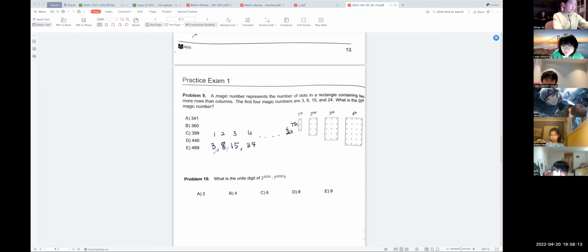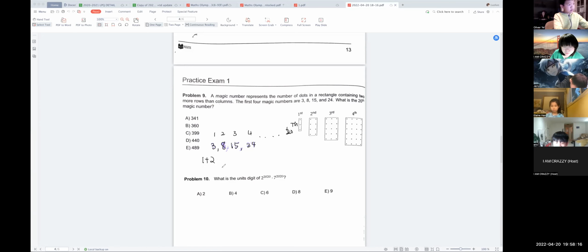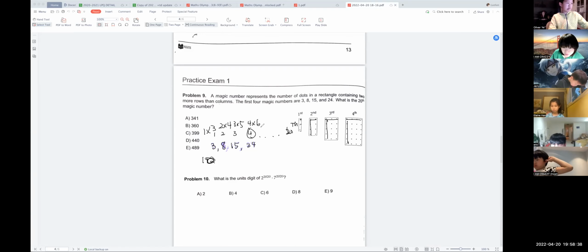We see these are 1 times 3, 2 times 4, 3 times 5, and 4 times 6. So the fourth is 4 times 6, the third is 3 times 5, the second is 2 times 4, so the 20th is 20 times 22, which equals 440.